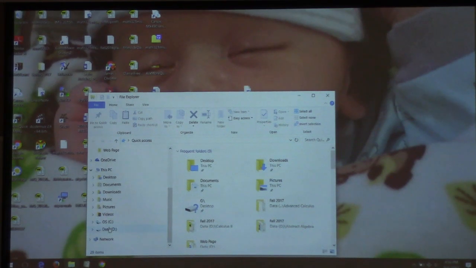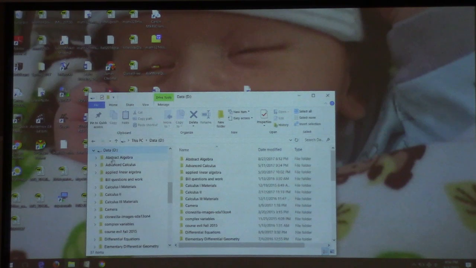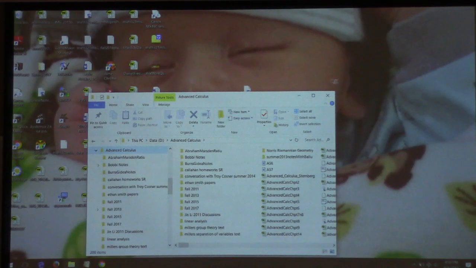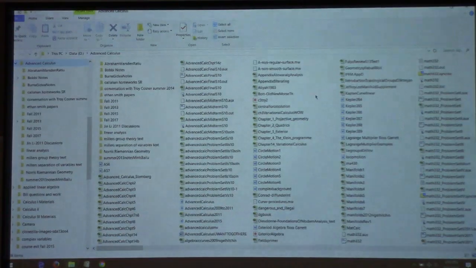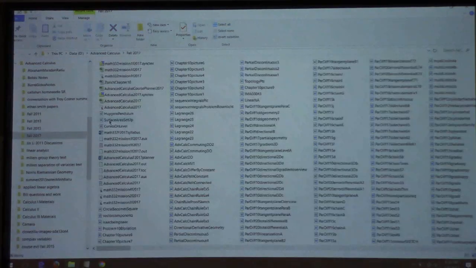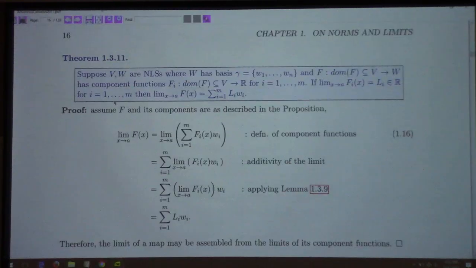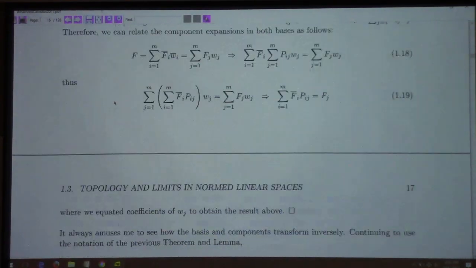Why not? Let's not look too hard at my desktop. There's any number of things that could get me fired there. Well, that was kind of a nice break, wasn't it? All right.